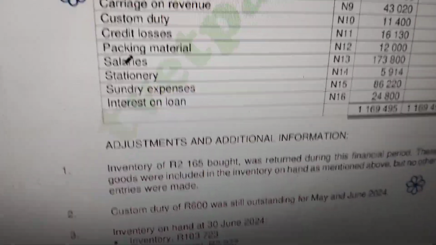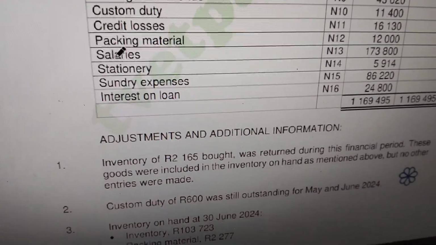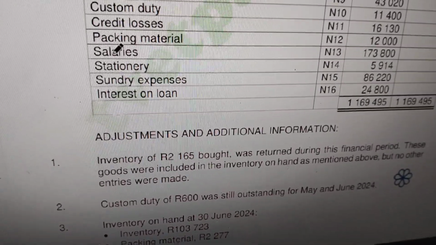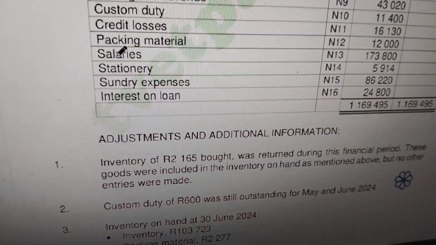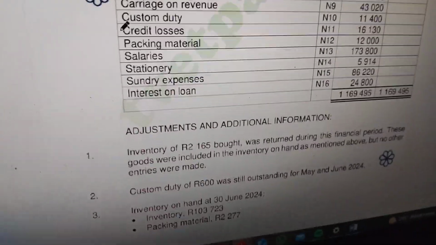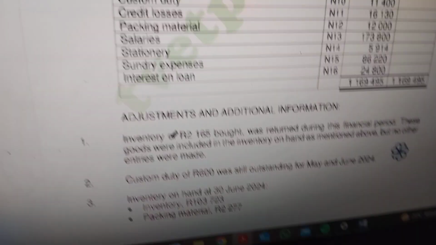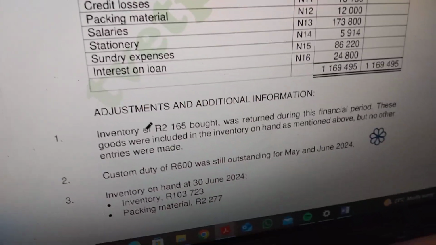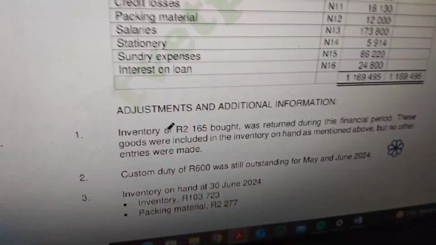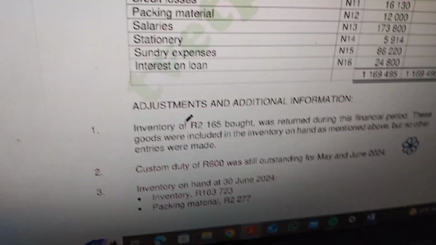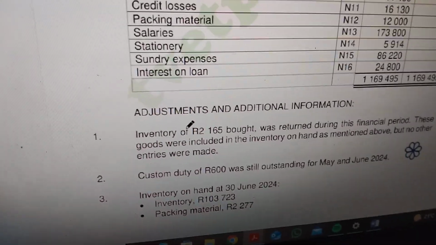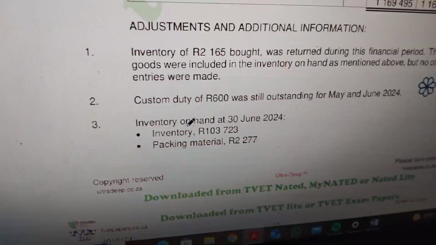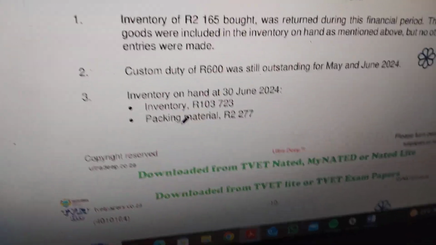We have the inventory of 2,165 bought was returned during the financial period. This is the purchase return. By the way, this question paper is for 2025, June.